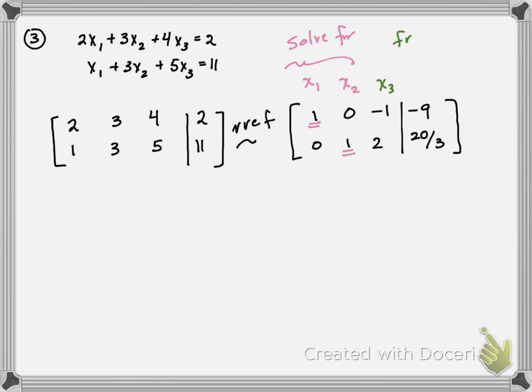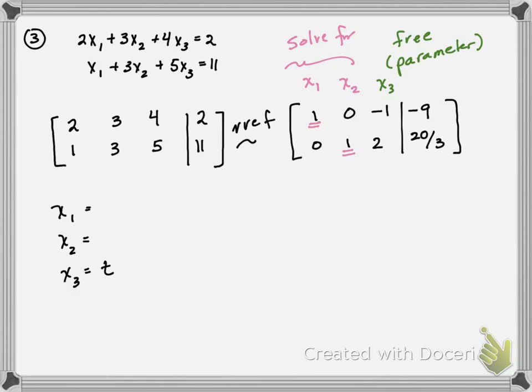We can choose anything we want for x3. So my parameter is x3. I can already start writing the solution: x1, x2, x3. You want to solve for every variable. In this case, x3 is the parameter, my choice, and I'll call it t. I can choose whatever I want t to be.